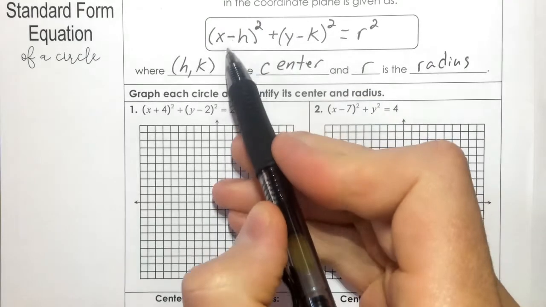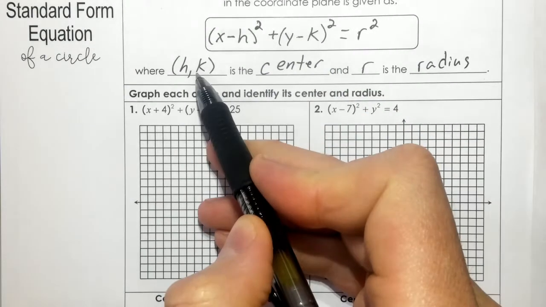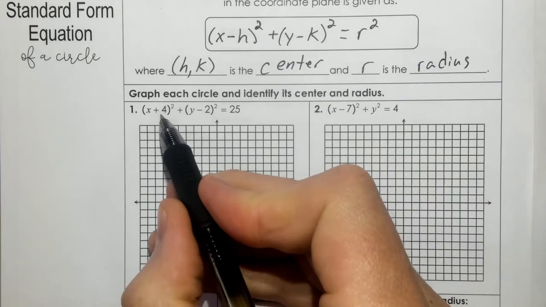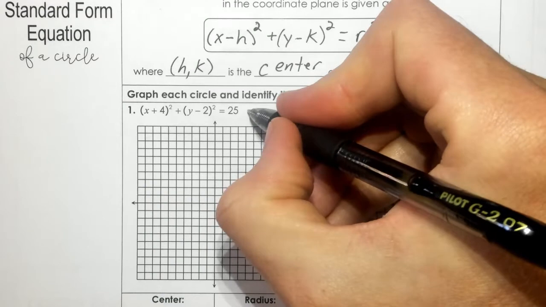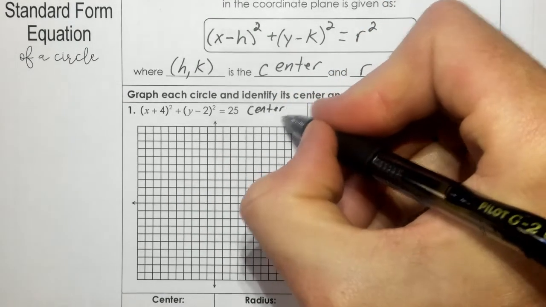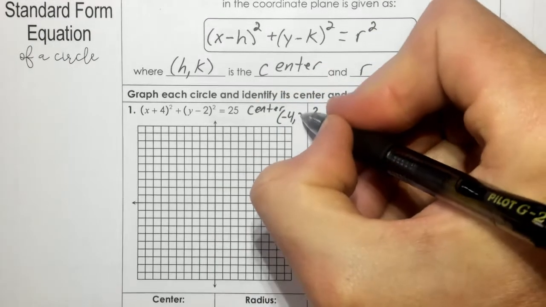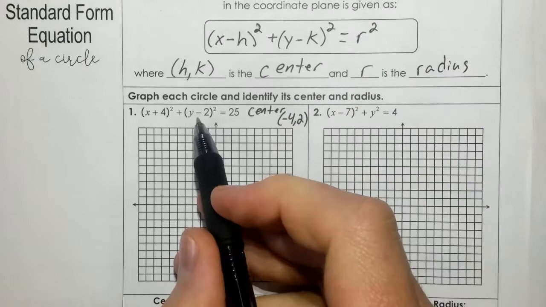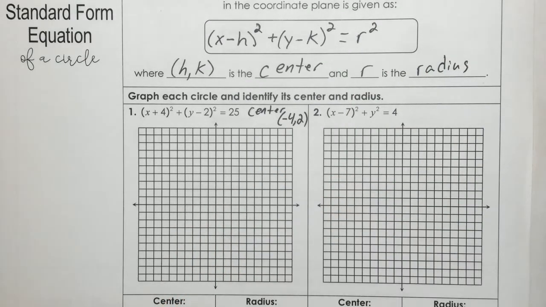Notice down here, even though it says minus h, I put positive h. Minus k, I wrote positive k. So this one here is positive 4. So I'm actually going to write that for our center, it is actually going to be negative 4 and positive 2. Okay, the negative 2, we want the opposite of that. So we're going to write positive 2.